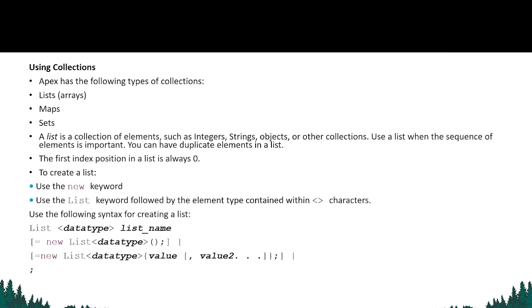The syntax for creating a new list: first is list, then the data type for that list should be provided, then the list name, and then new list and then the data type, semicolon. Firstly, the new list data type is defined and after that the values are saved in those lists.